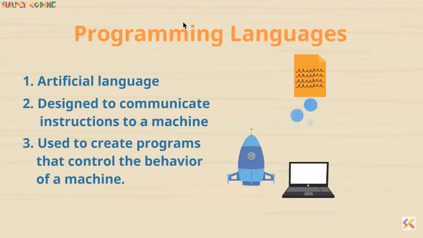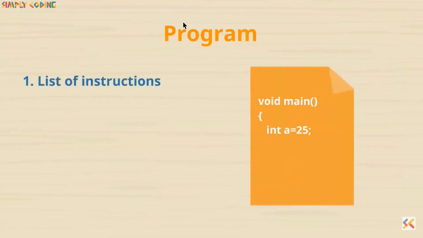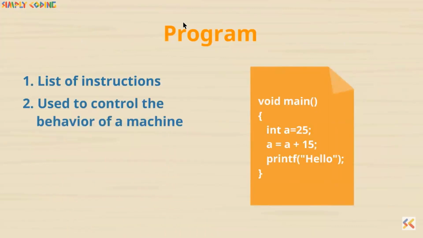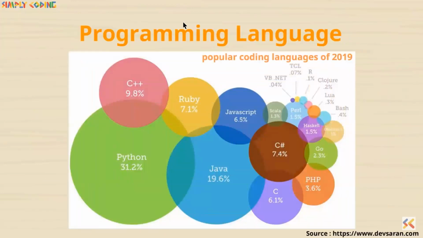It could be a rocket, computer, or even a smart TV. A program is nothing but a list of instructions written in a programming language that is used to control the behavior of a machine. There are many different programming languages, and as per latest data, Java is one of the most popular languages that is being used for coding.